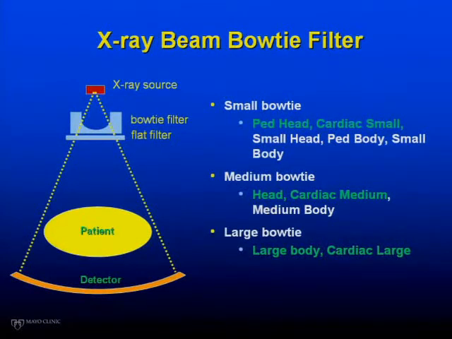X-ray beam bow-tie filter. The patient is usually an oval shape, so the attenuation is higher in the middle and lower in the peripheral region. The design of the bow-tie filter is to make it thinner in the center and thicker in the peripheral region so that the patient dose can be reduced, especially the skin dose.